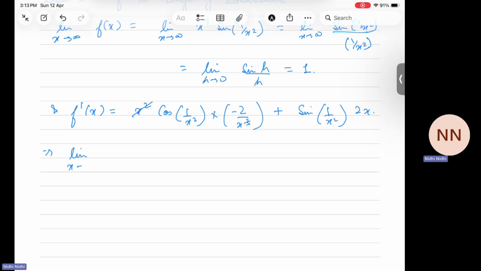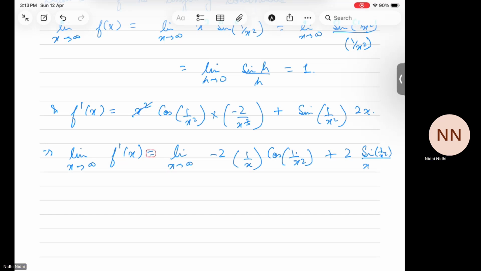Limit x tending to infinity f dash x is equal to limit x tending to infinity minus 2 1 by x cos 1 by x square plus 2x, or in fact I can write it as 2 sine 1 by x square times 1 by x square.